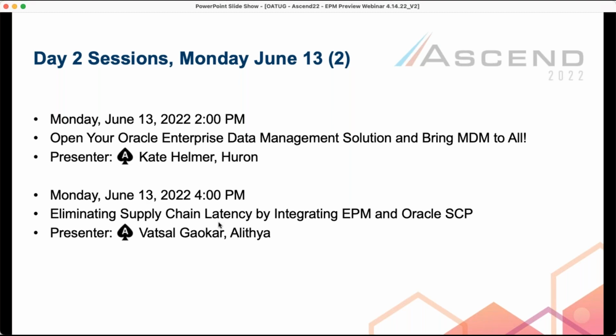And then following up to that and rounding out day 2 is eliminating supply chain latency and integrating EPM and SCP with Vatsal Gokar from Alithya. He's also an Oracle ACE. And so this session is going to be focused on integrating the supply chain planning of Oracle with EPM cloud planning.